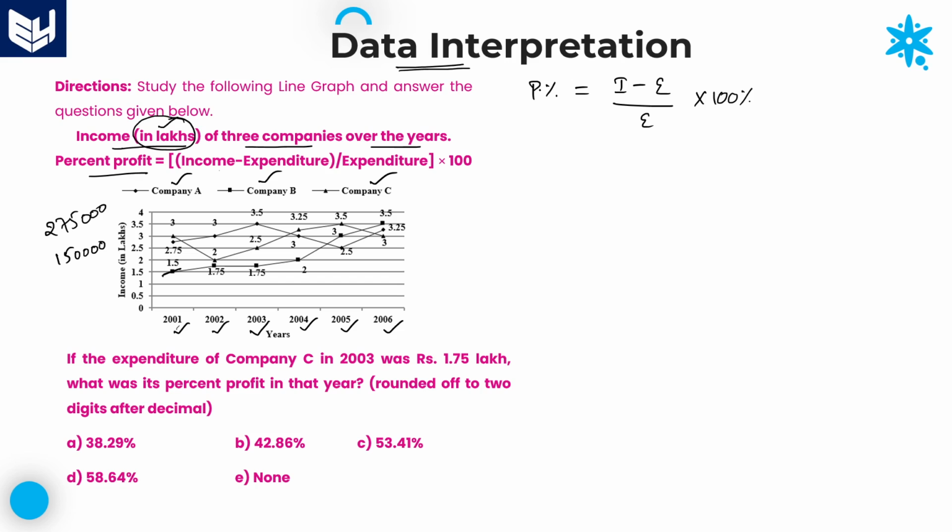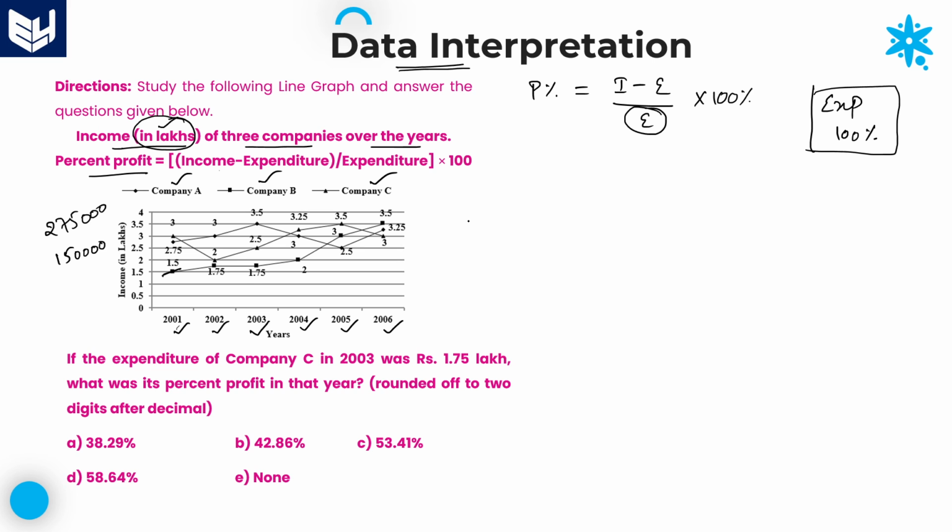And always remember, profit percentage or else loss percentage is always calculated over expenditure. So whenever we are calculating profit percentage or loss percentage, by default expenditure is 100 percentage. Keep it in mind.